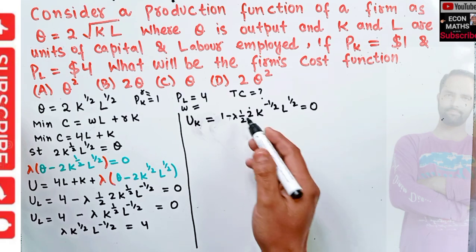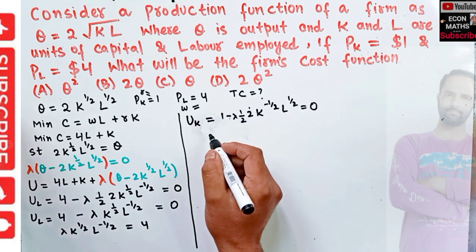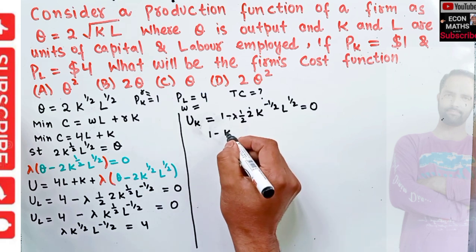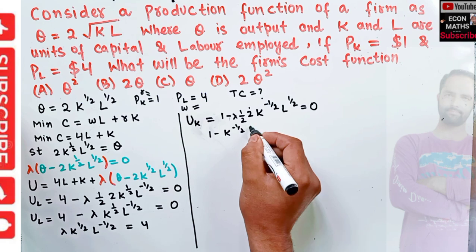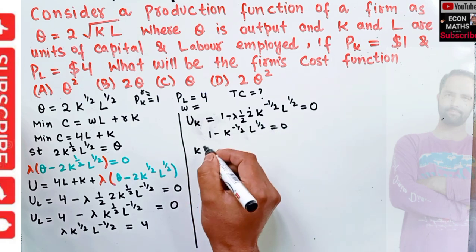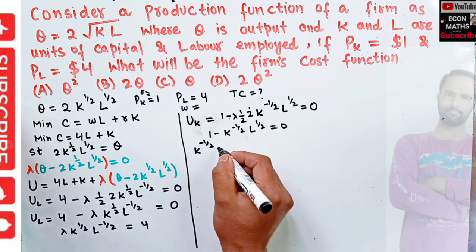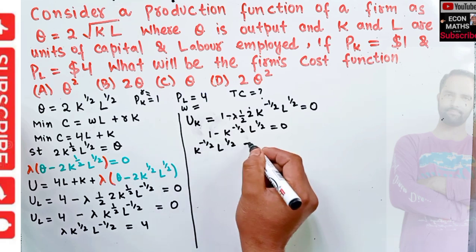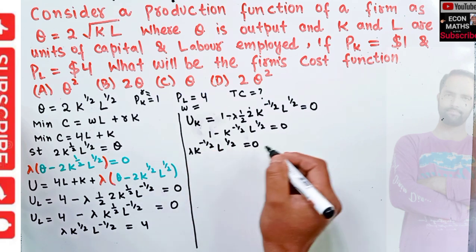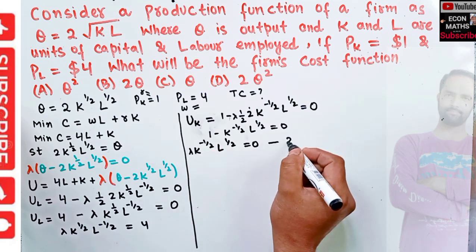Again 2 and 2 get cancelled, so we are left with 1 minus lambda K to the power minus 1 upon 2 L to the power 1 upon 2, set equal to 0, or lambda K to the power minus 1 upon 2 L to the power 1 upon 2 is equal to 1. Let us say this is equation 2.